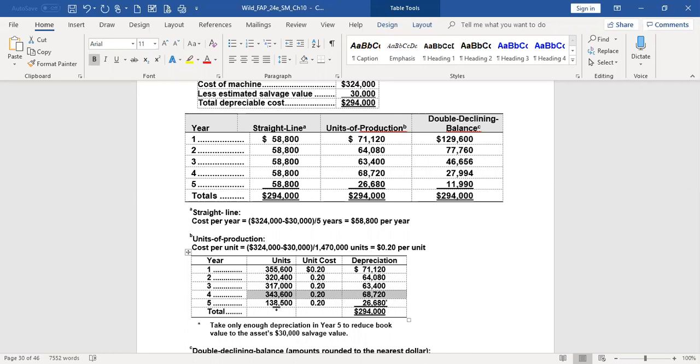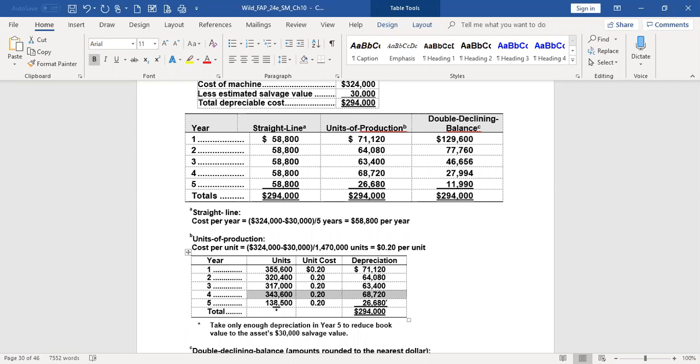I did something wrong somewhere. Oh, no, I didn't. Sorry, I'm talking to myself. It actually produced more than 138,500. But we must stop calculating depreciation on this machine once it produces 1,470,000 units.